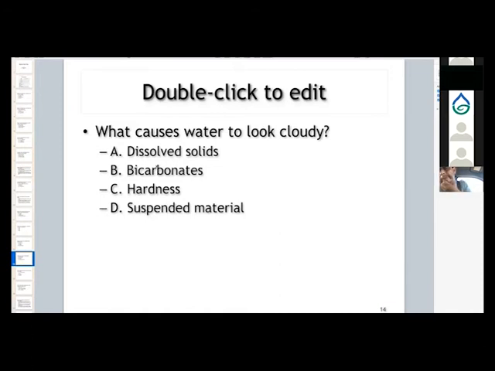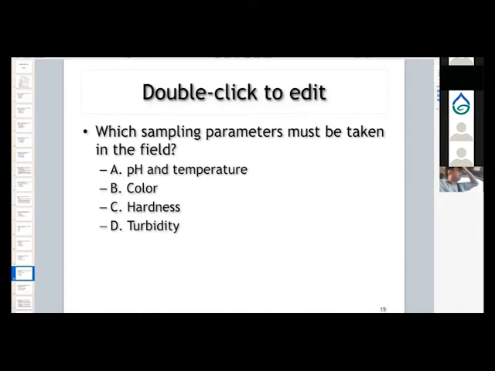What causes water to look cloudy? Dissolved solids, bicarbonates, hardness, suspended material. So it's D, it's suspended material. Turbidity is caused by pretty much dirt in the water. And that's why we add the coagulants.